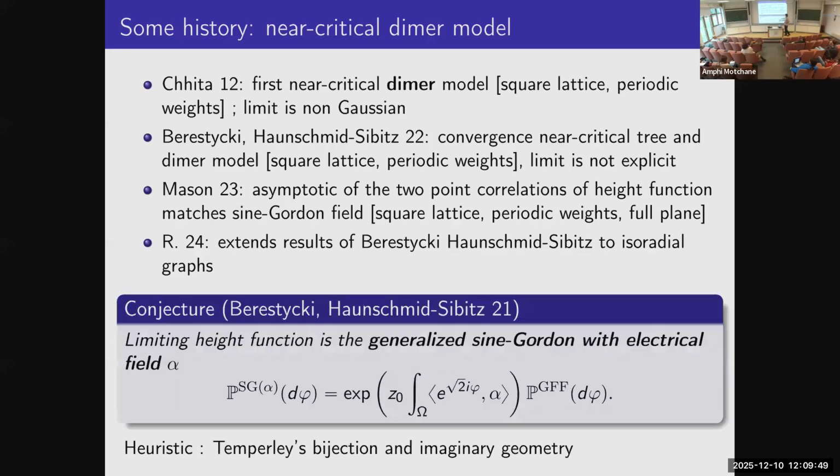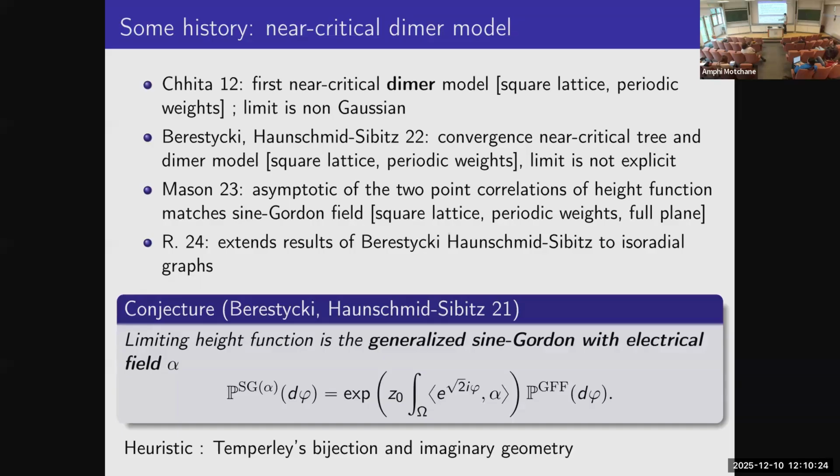This series of works led to the conjecture that the limiting height function is what we call the generalized sine-Gordon field with an electrical field, alpha. I'm not so sure about the term, so maybe electrical field is not the best, but we didn't have a word for this. This was a new object for us, so we named it. If you have better suggestions, I'm interested.